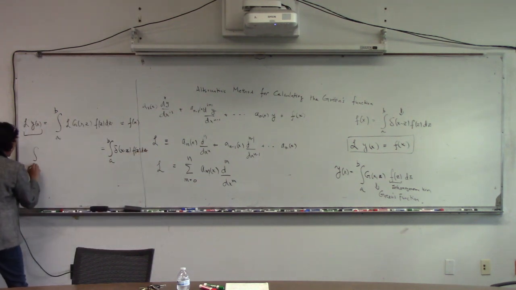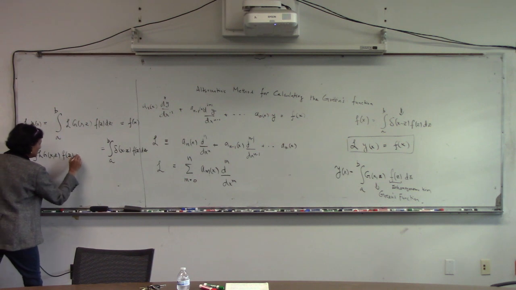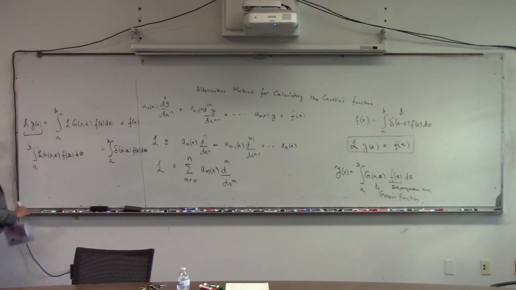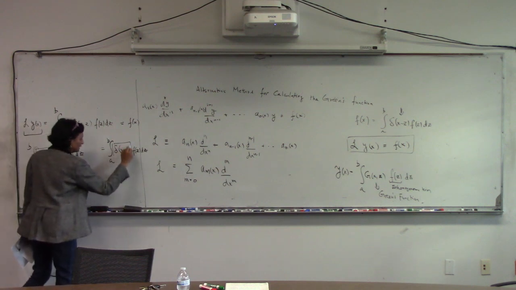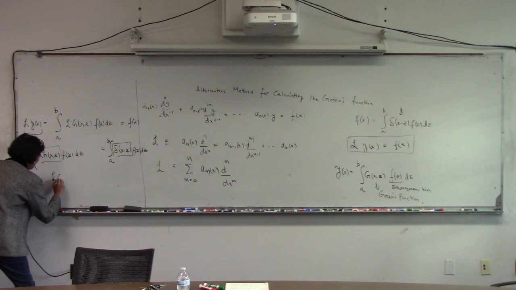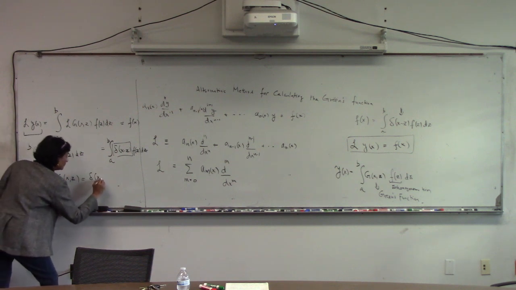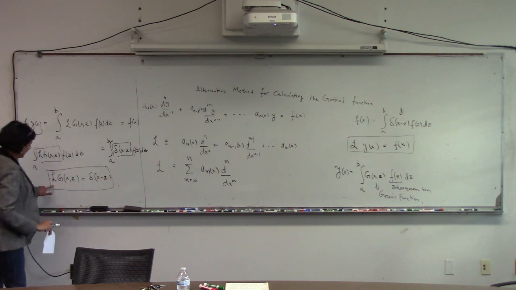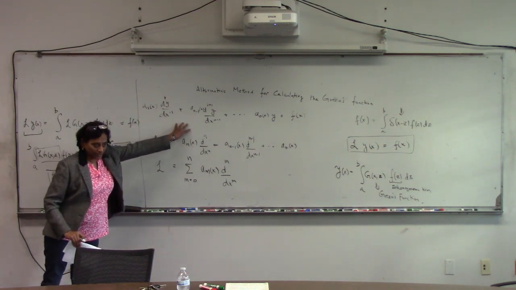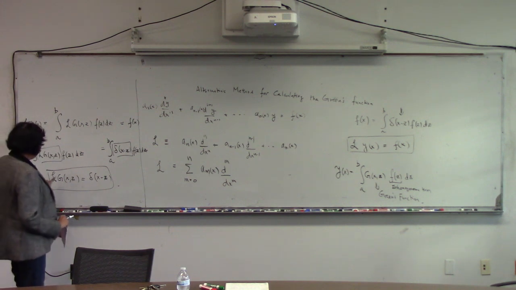So what I have is an integral of L operating on the Green's function is this. So I can claim L operating on G is nothing but that. The L is the same linear differential operator of the original differential equation. Okay.